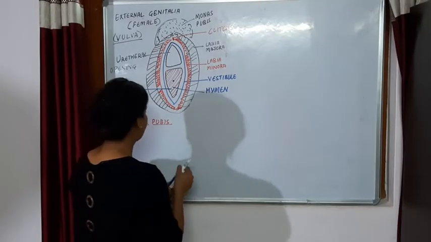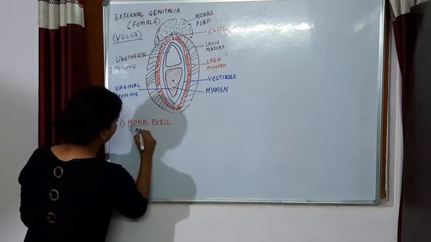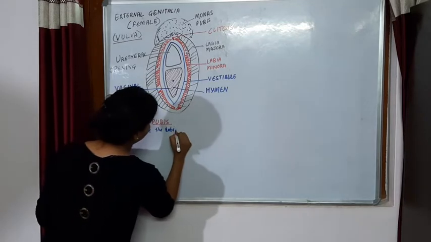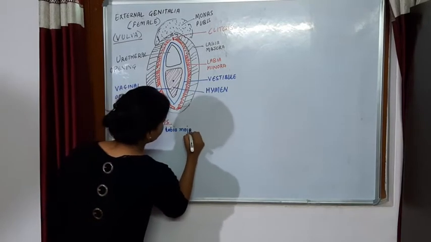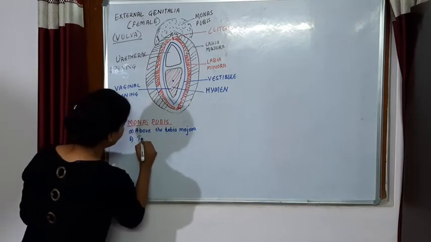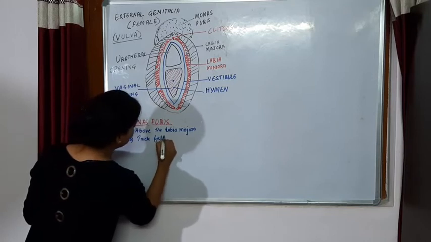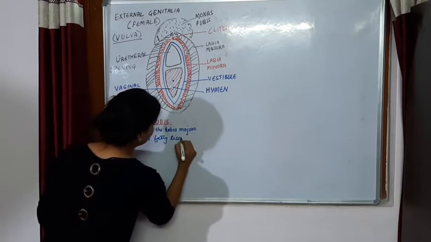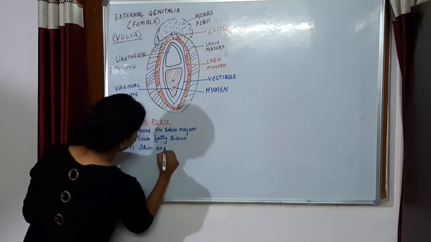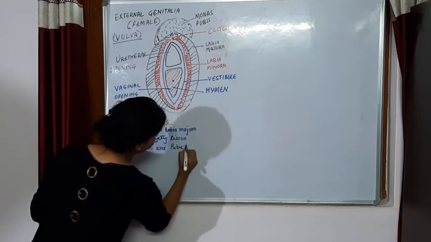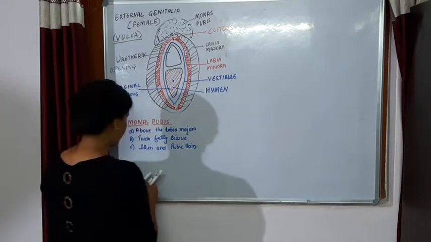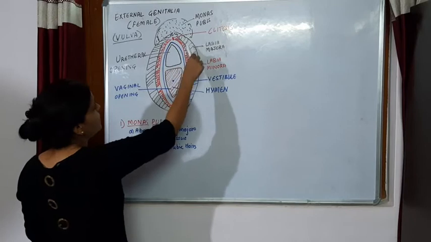Second point is that it is thick fatty tissue, made up of thick fatty tissue, and third, skin, and it has pubic hairs on it, right?